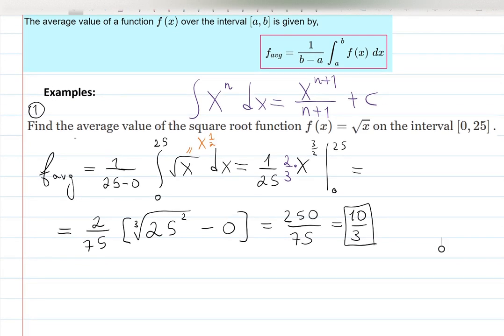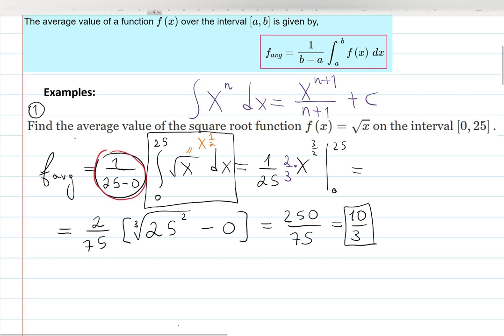The exact value was the same answer, but without multiplying by 1 over 25, right? So average value only has this piece in front of it. That's the whole difference. Every time we ask you to find average value, that means you should not forget to multiply your integral by 1 over b minus a.